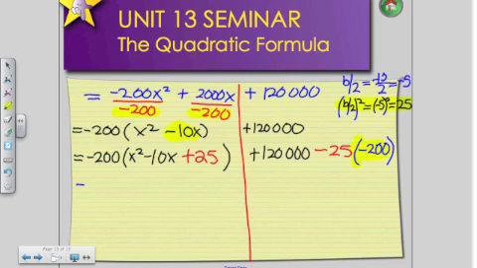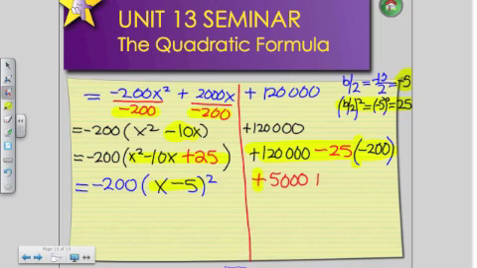answer. So this is going to be equal to negative 200 times x minus 5 squared, because x squared minus 10x plus 25 simplifies to x minus 5, which is just b over 2. And 120,000 minus 25 times negative 200 is going to give me positive 5,000 plus 120,000.